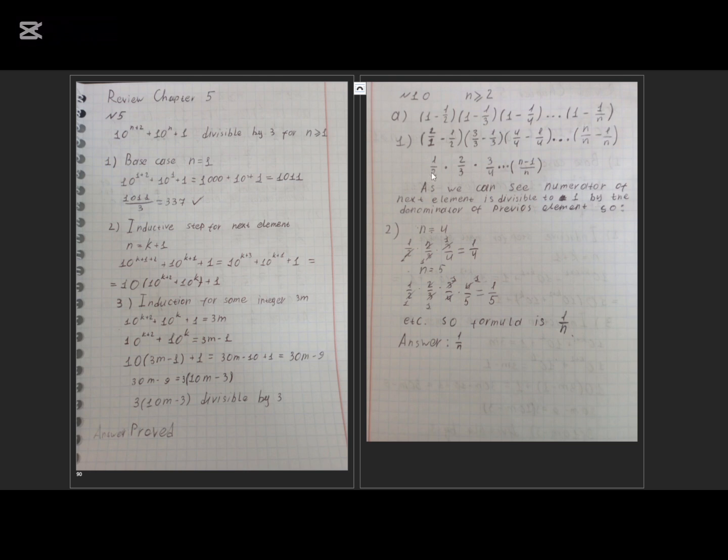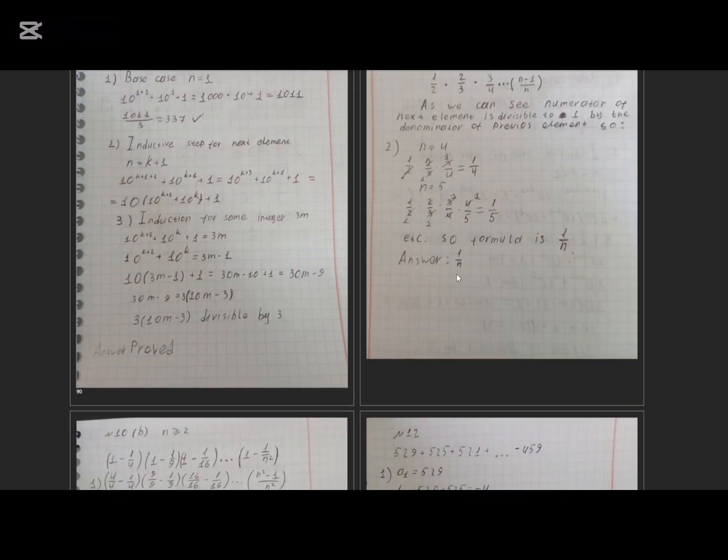As we can see, the numerator of the next element is divisible by the denominator of the previous one, like 2 divided by 2 is 1. So we can say that the formula of an element is 1 divided by n. We check it by substituting 4 and 5. So we get these answers, yes.